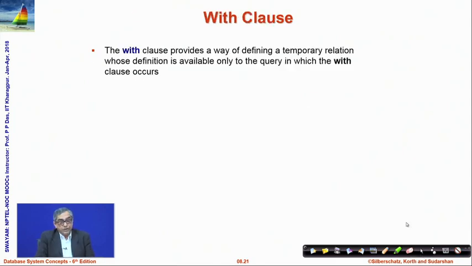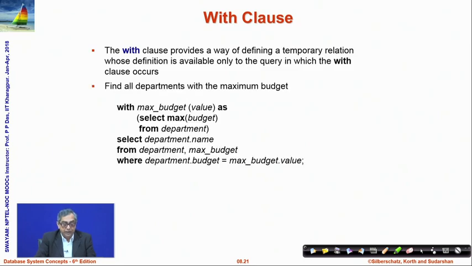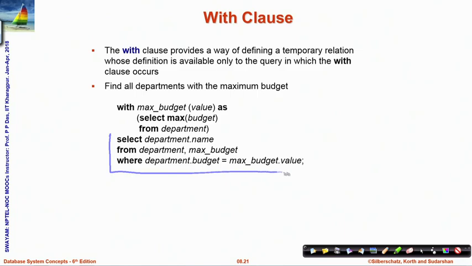There is a with clause that provides a way of computing a temporary relation, and that can be subsequently used. So, let us look at an example. We are trying to find all departments with maximum budget. This is my basic query.